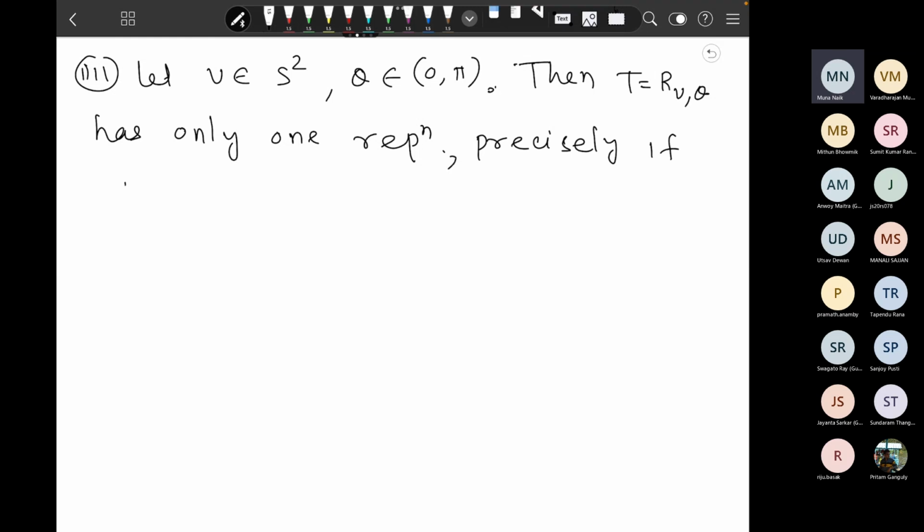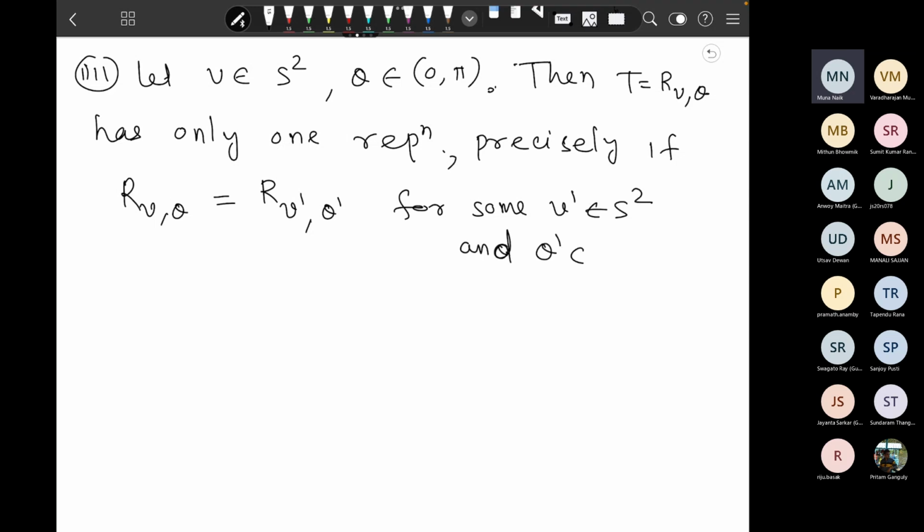If R(v, theta) is equal to R(v prime, theta prime), for some v prime belonging to S2 and theta prime belonging to 0 to pi, this implies v is equal to v prime and theta is equal to theta prime. Observe that here I am taking v belongs to S2, and a rotation strictly between 0 and pi, then that will have only one representation. This is precisely what it means.